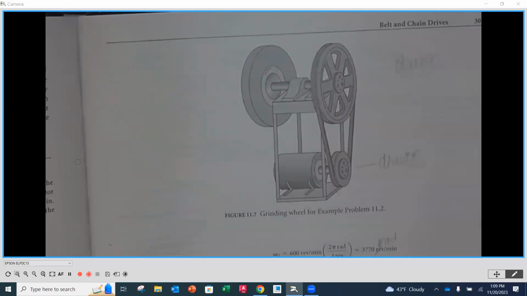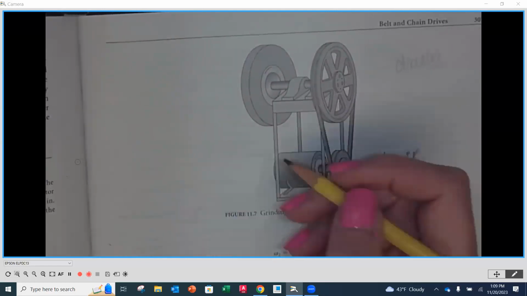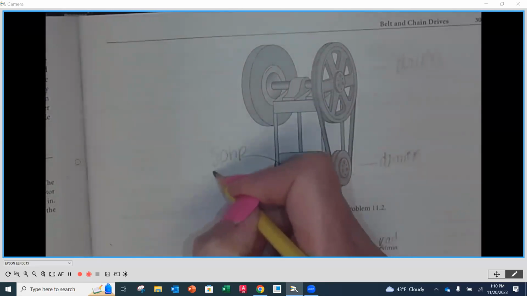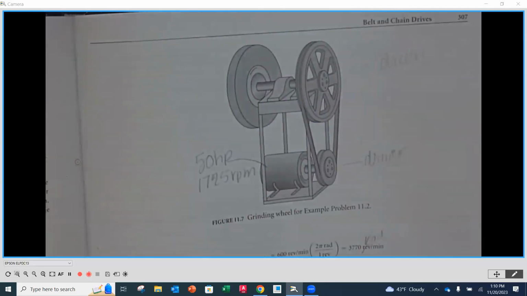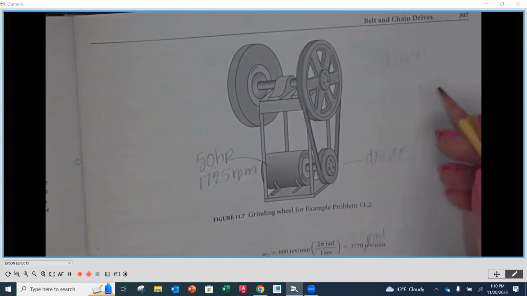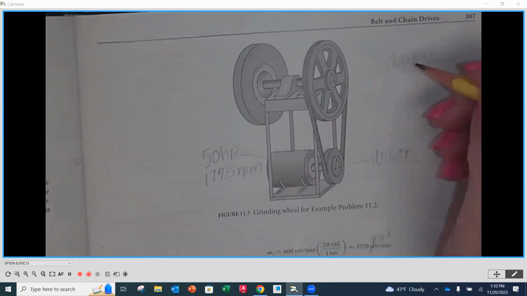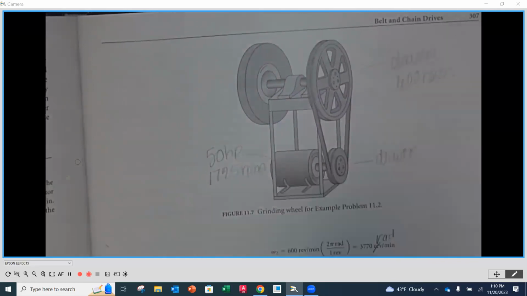And coming off the motor here, we know that our motor has 50 horsepower and it's rotating at 1725 RPM. And our grinding wheel, the desired wheel speed of that grinder, it says desired, it doesn't say absolute, is going to be approximately 600 RPMs.